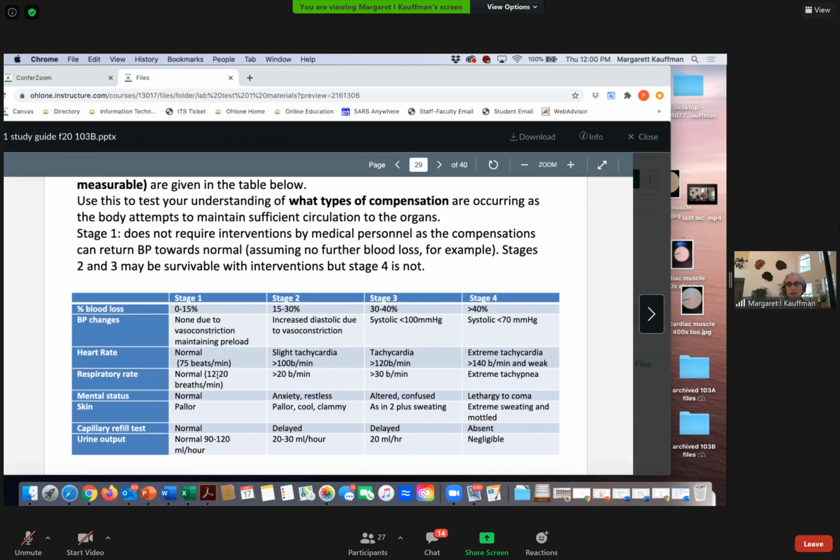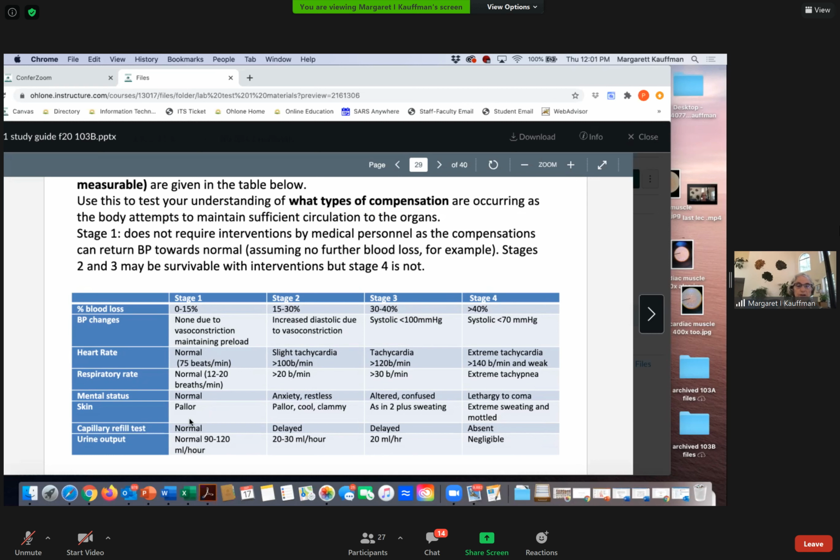This person has only lost 0 to 15% of their blood volume. They're not in any great systemic danger here. They're not likely to die. Their respiratory rate is going to be matching their heart rate. Therefore, it's going to fall within normal range.